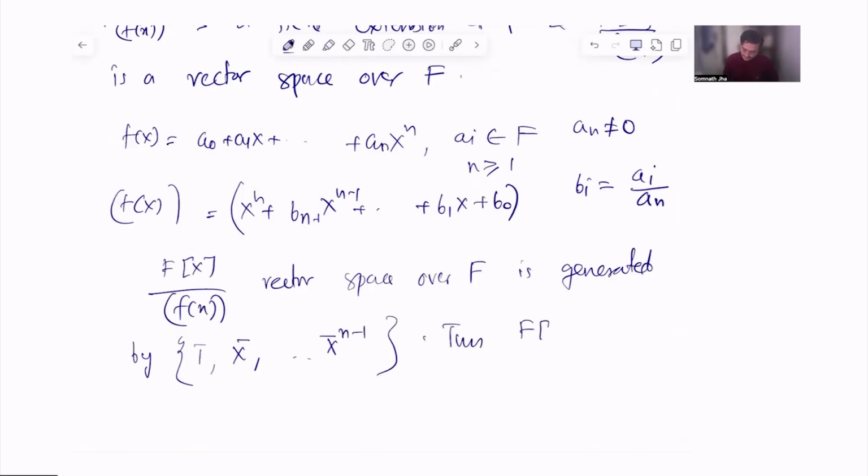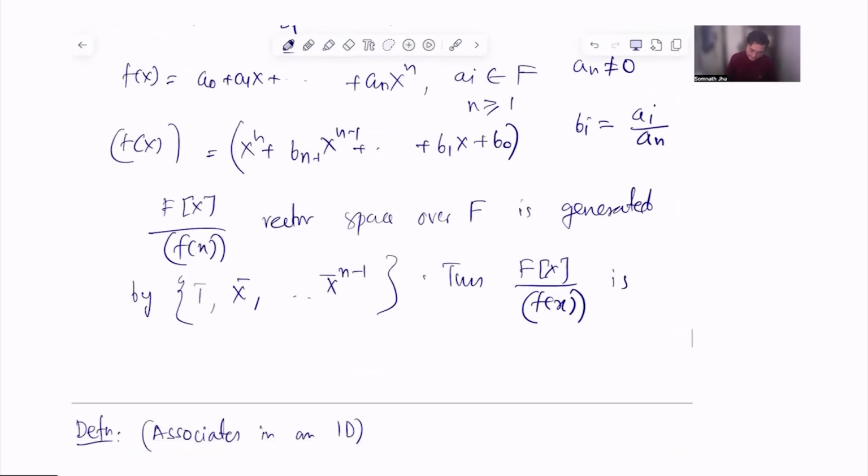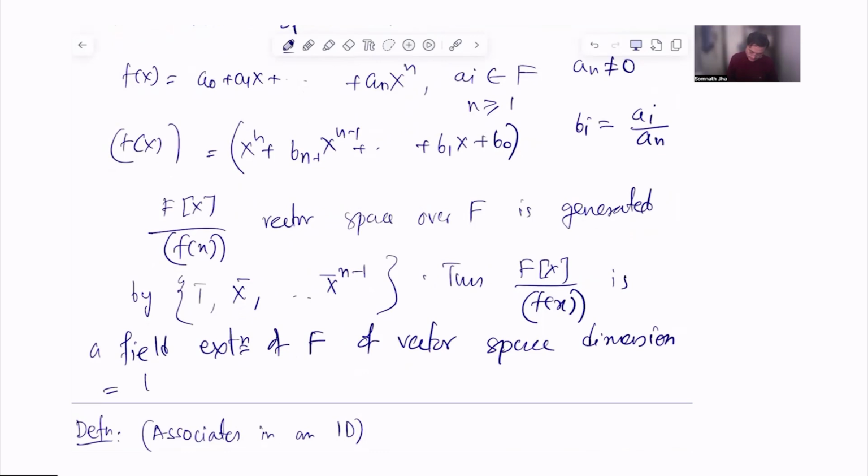Thus, F[x] by f(x) is a field extension of F of vector space dimension equal to the degree of f(x). Okay, so this is one way to.